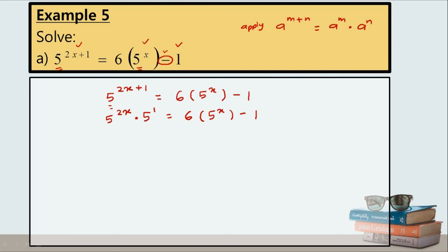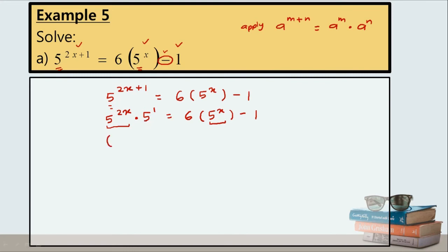After that, this one we have 5 to the power of 2x, and this one we also have 5 to the power of x. Is it the same? Not, right? Okay, dia tak sama. Yang ni kuasa 2x, yang ni kuasa x. So macam mana nak jadikan dia sama?